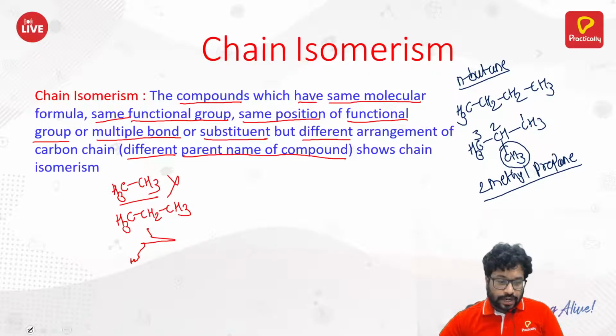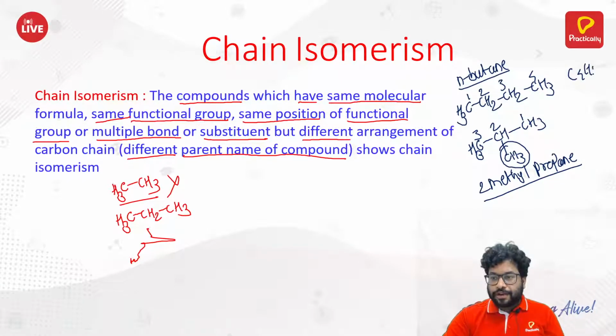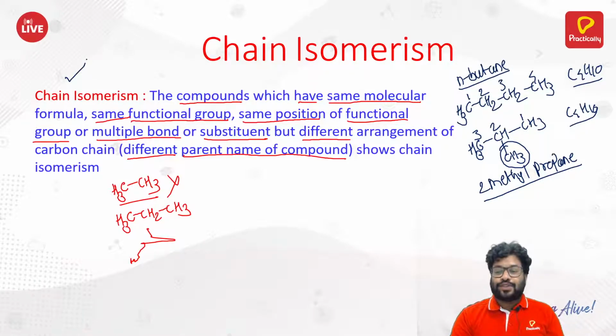Here in the first compound the longest chain has 4 carbon atoms. But both have the same molecular formula, C4H10, so they are chain isomers.